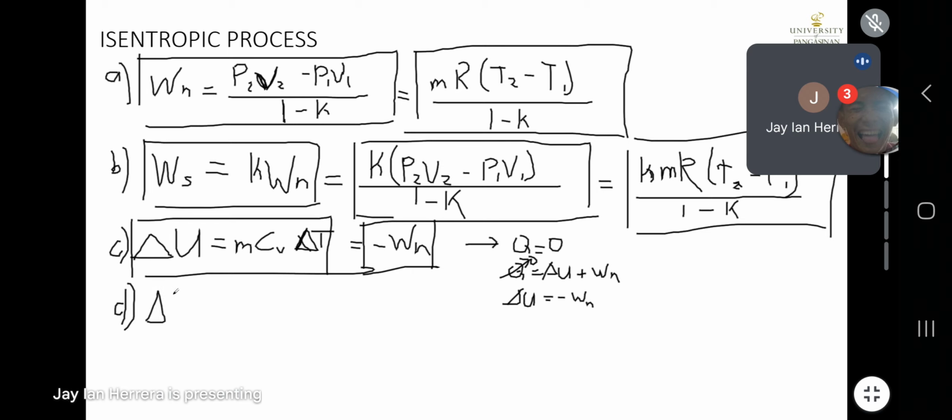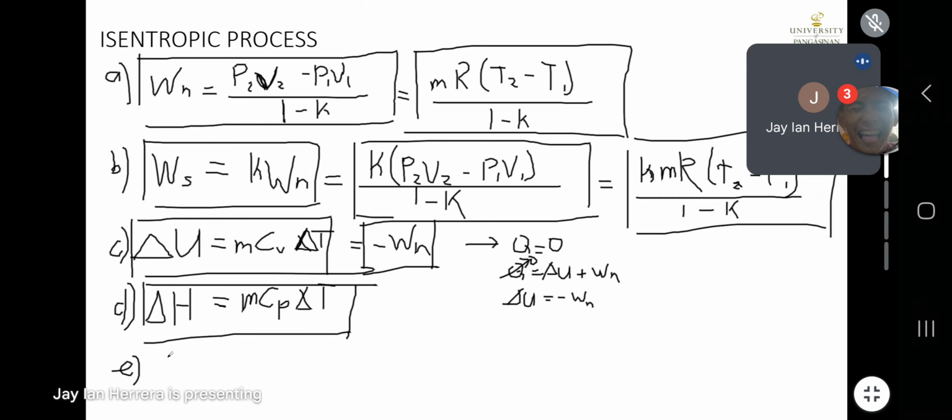Next is enthalpy. Gawin pa rin yun, M CP delta T pa rin. Then for heat, heat is 0.